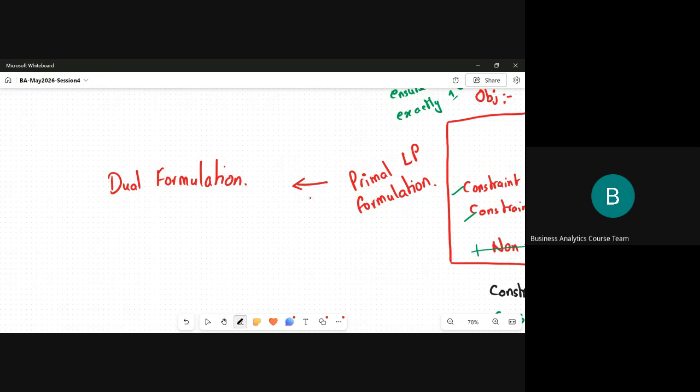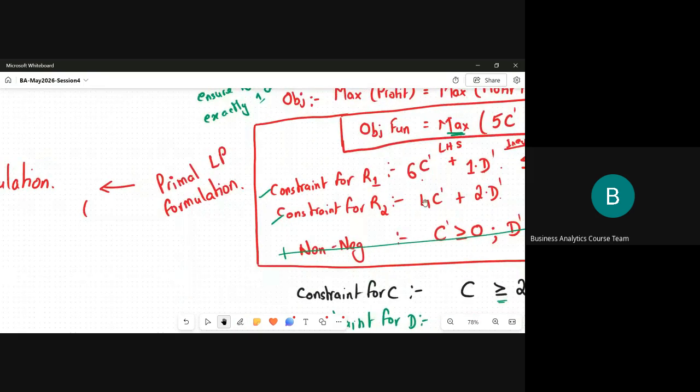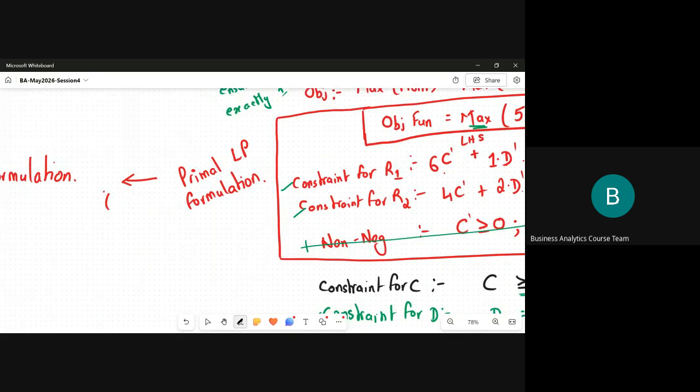And while doing this conversion, what we insist in this course is that you make sure that the primal is in something known as the standard form, or you can also consider this as the canonical form.